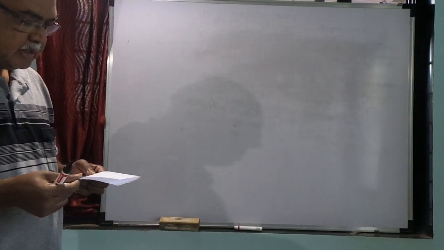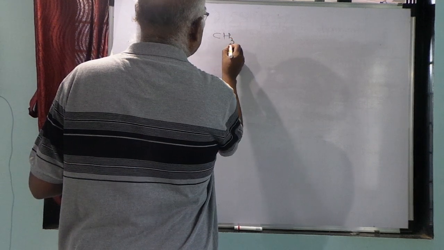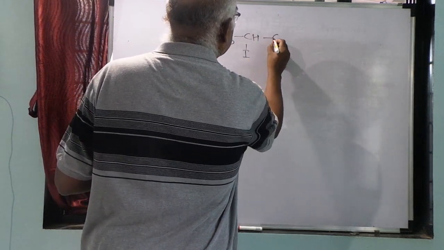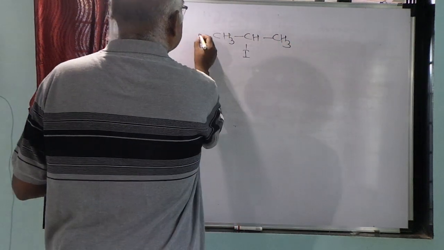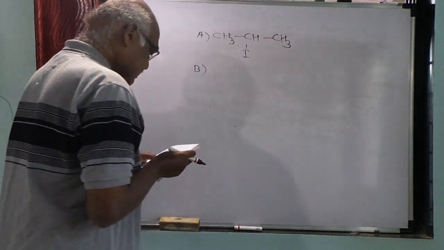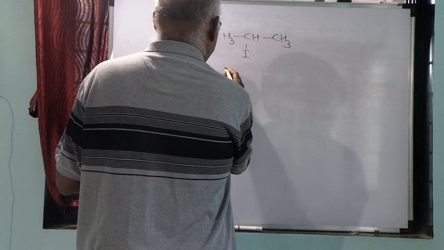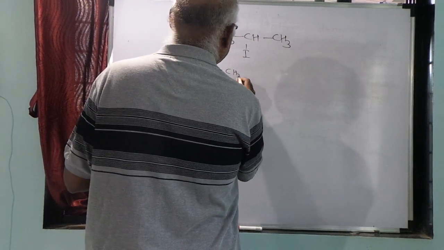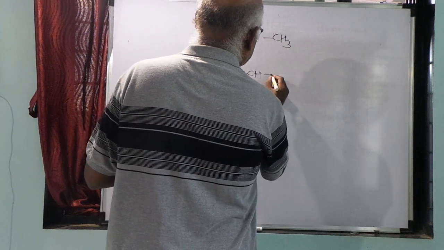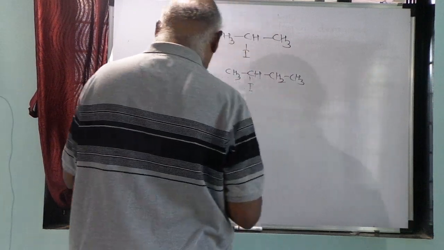The options are like this. Isopropyl iodide, CH3 CHI CH3. This is the first option, or A. Then the second is secondary butyl iodide, CH3 CHI CH2 CH3.